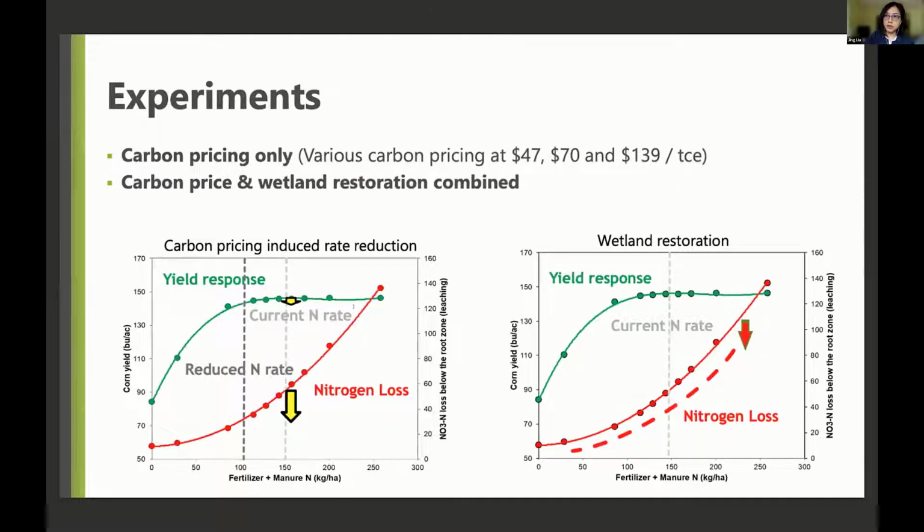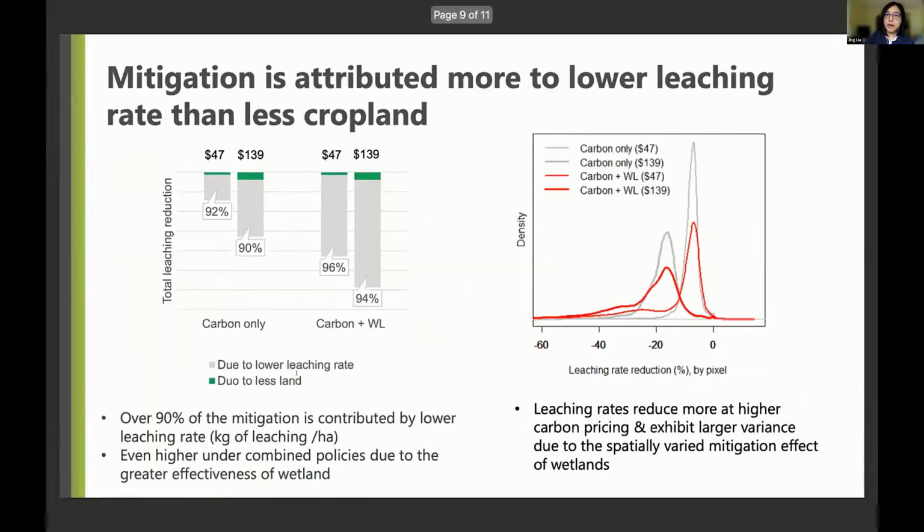Those are your contribution to the leaching reduction, but the area contraction contributes a very small share. Comparing the lower level and higher level of carbon pricing, the higher level forces more land out of production because of the lower profitability. So you see the land contribution is a bit higher at a higher level of pricing.